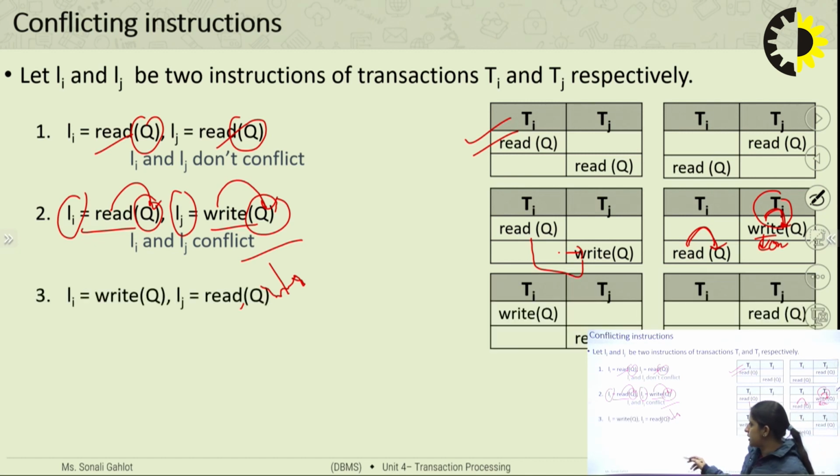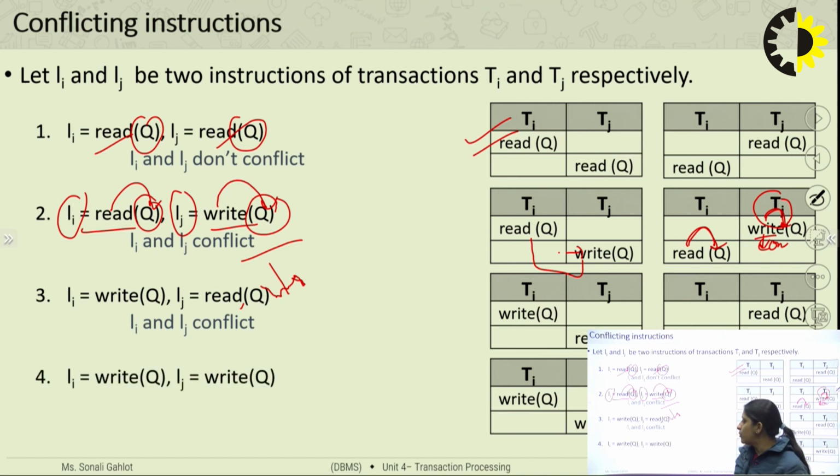Now in the third case, in transactions Ti and Tj, two different operations, write and read, are performed on the same data item, which is again a condition of conflict. In the fourth case, the two transactions again perform write operations on the same data item, so here is also a chance of conflict.